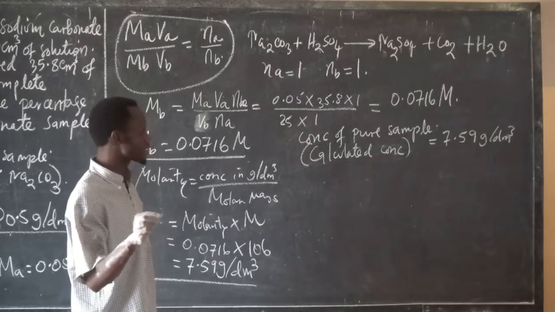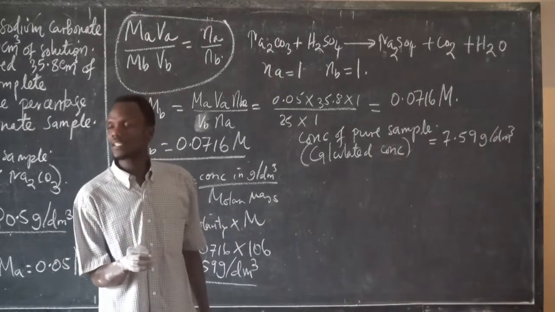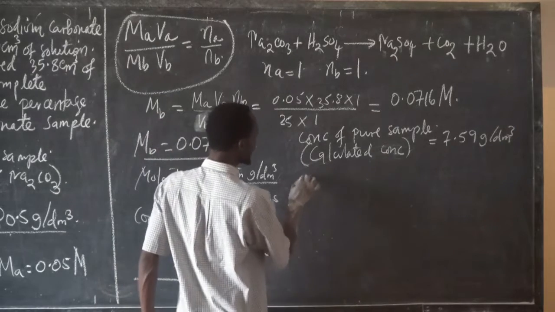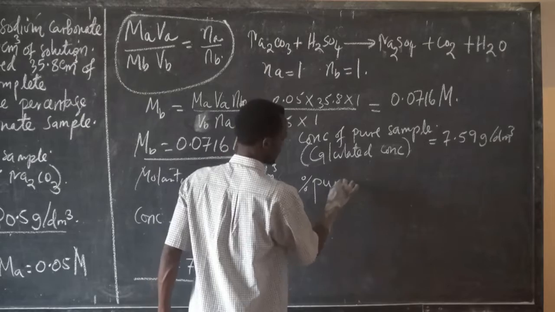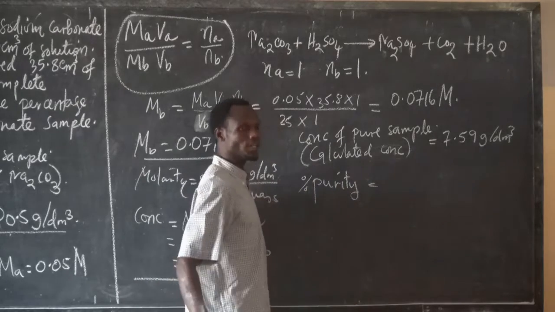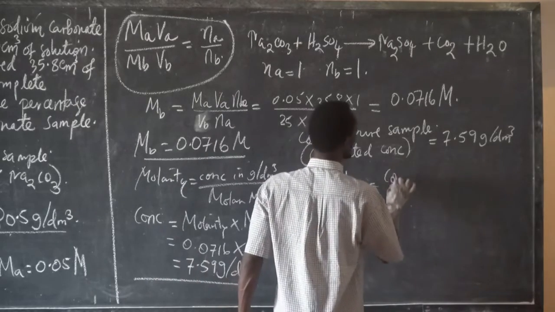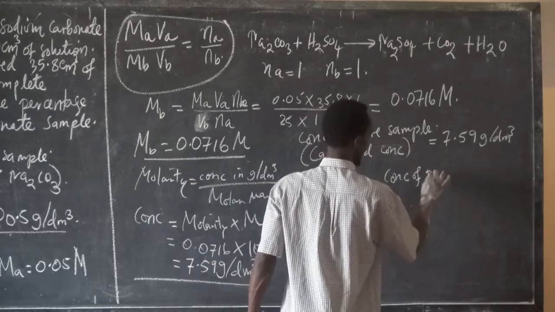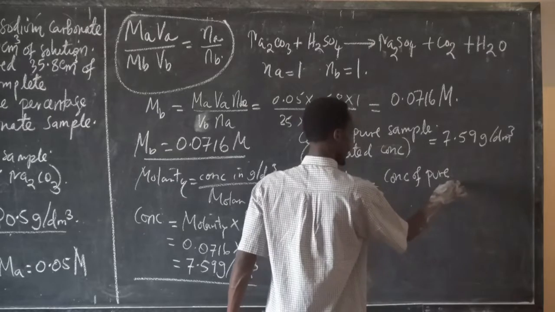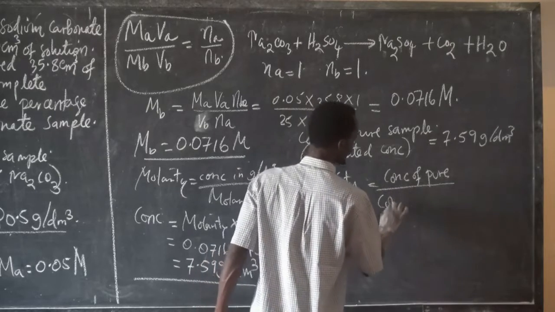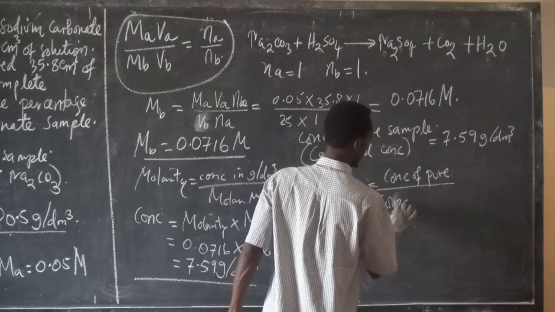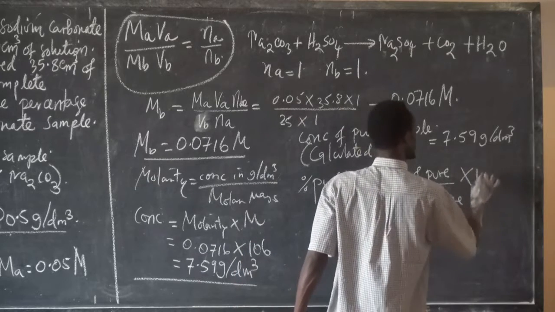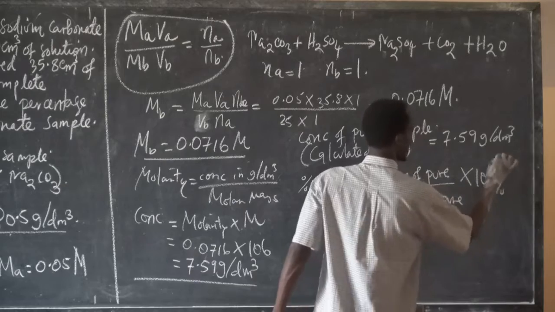If that is the case, how do we determine the percentage of purity? Very simple. Percentage of purity is equal to concentration of pure sample over concentration of impure sample multiplied by 100%.